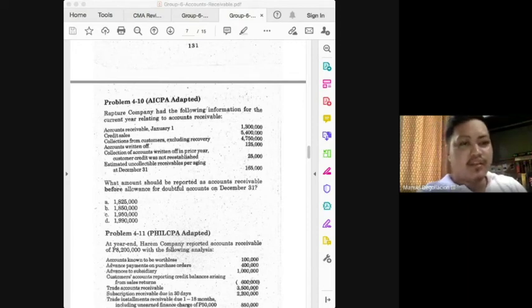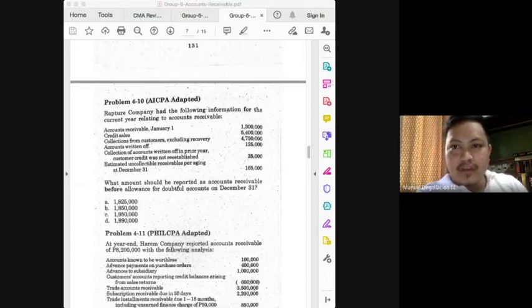The estimated uncollectible receivables per aging at December 31 is 165,000. Since the problem already told us, class, that we are looking for the balance of the AR before the allowance, we will not yet deduct the allowance for doubtful accounts of 165,000.